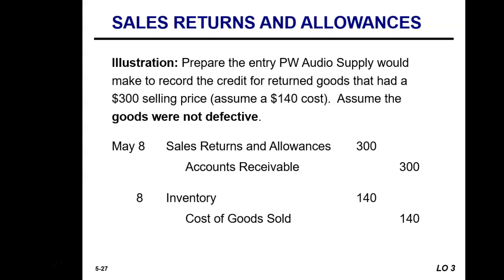So from the viewpoint of the seller, when a product is returned back to us, it requires two sets of journal entries: one to debit the sales return and allowance account and credit accounts receivable for the actual sales price, the other to debit inventory and credit the cost of goods sold for our costs.